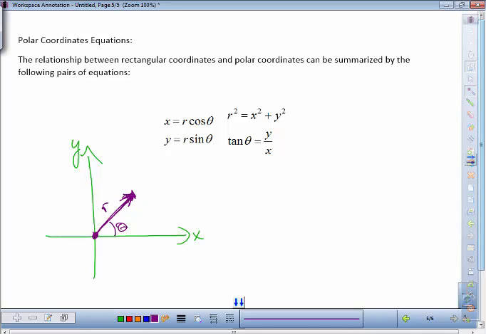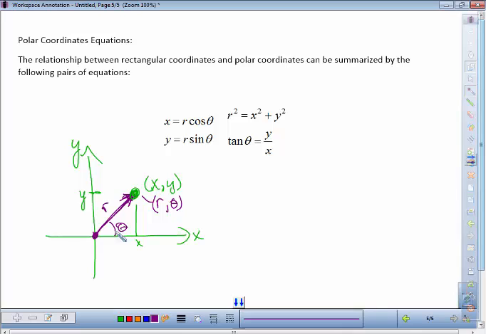So this very point over here that we would normally call x, y, because you have an x value and a y value associated with it, can also be considered as r, theta, given the angle of inclination of that line segment and the length of that line segment.